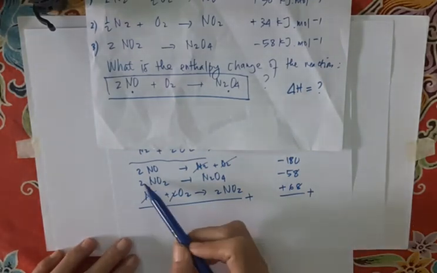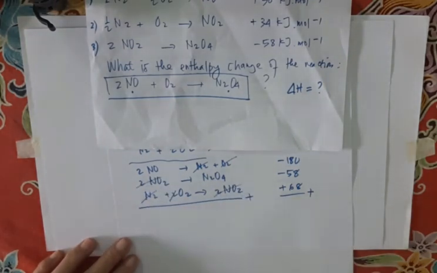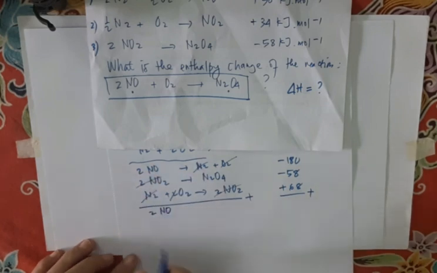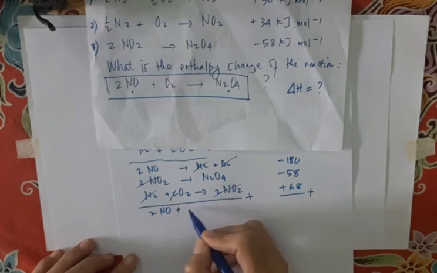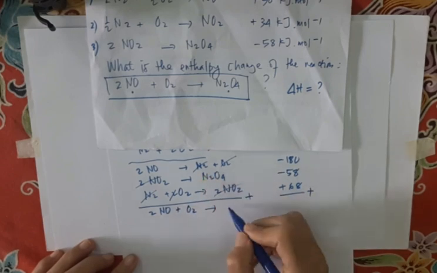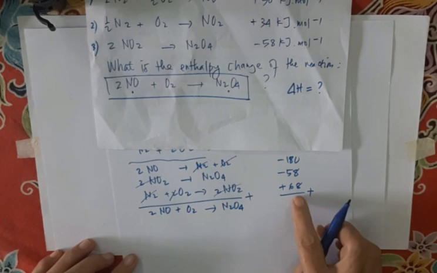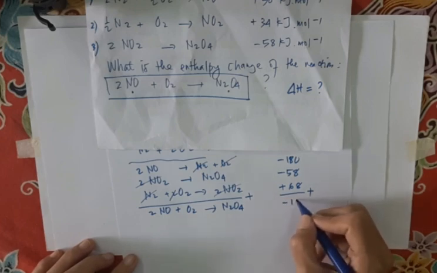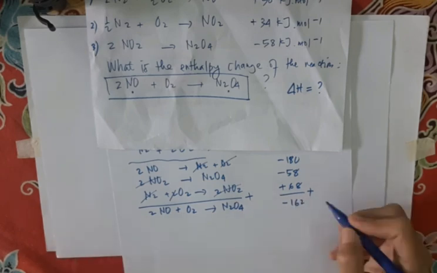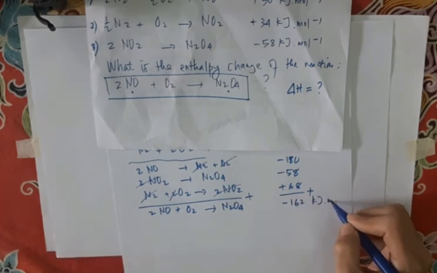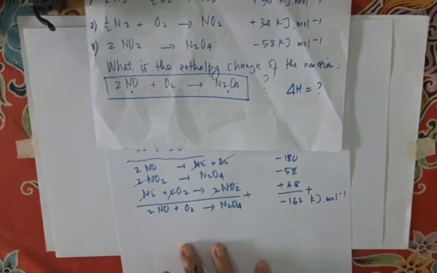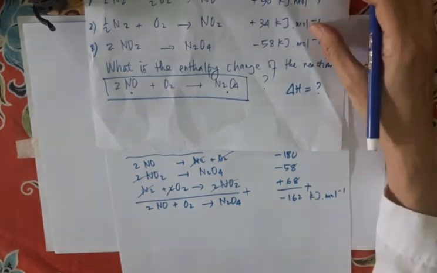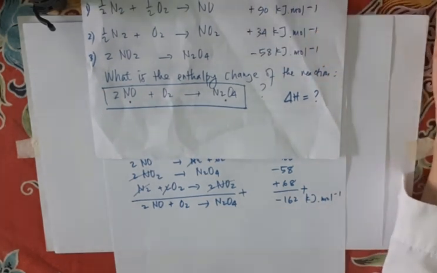Then now sum them. 2NO plus O2 turns into N2O4. You have now minus 162 kilojoule per mole. Yeah? Hope you get this explanation. Thank you for watching.